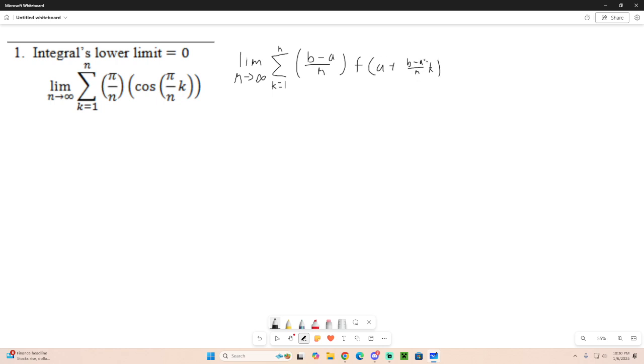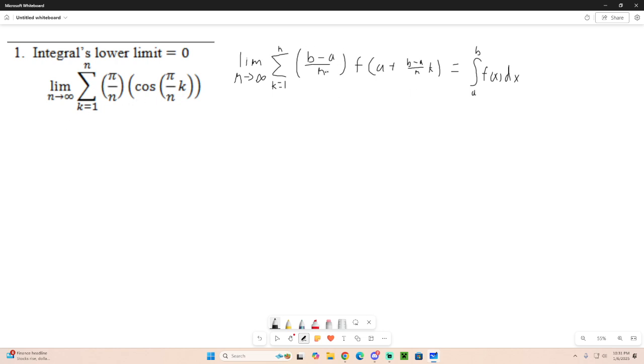And this is just our height, this is our width. And that's equal to the integral from a to b of f of x dx. In this case, f of x is this part, and then dx is just our change in x. That's why there's the dx there with respect to x. Anyways, let's start by working through this question.